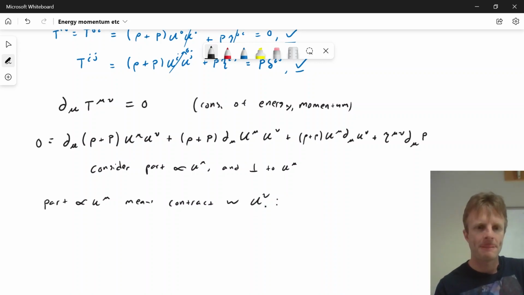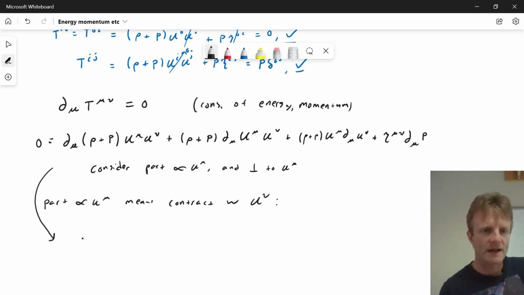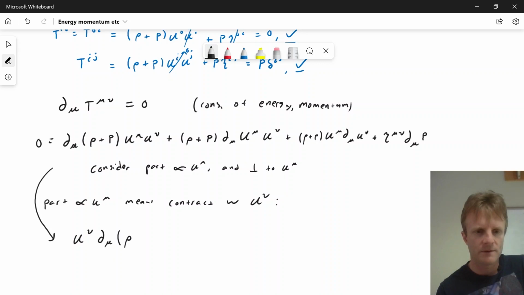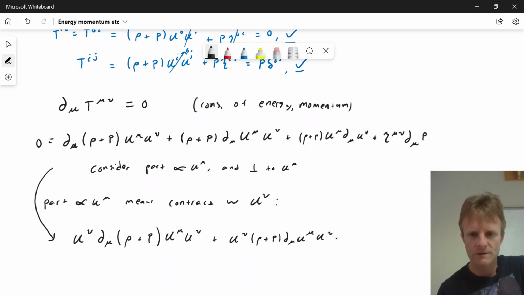So let's do that. So let's take this equation and contract it. Let's just be very explicit. So u nu del mu rho plus p u mu u nu, that's the first term, plus u nu rho plus p del mu u mu u nu plus.